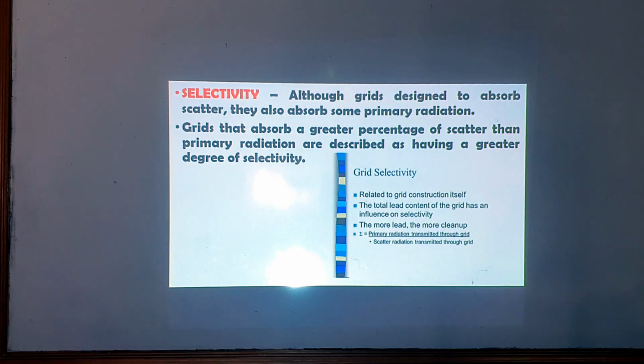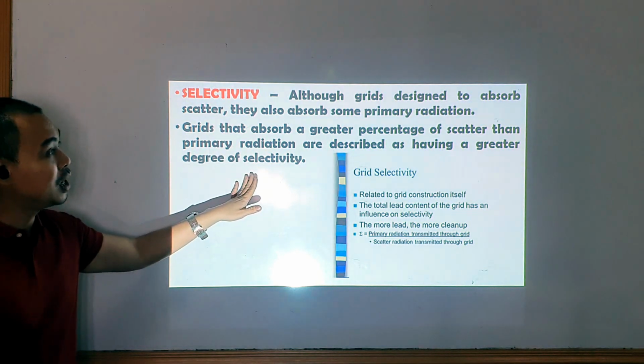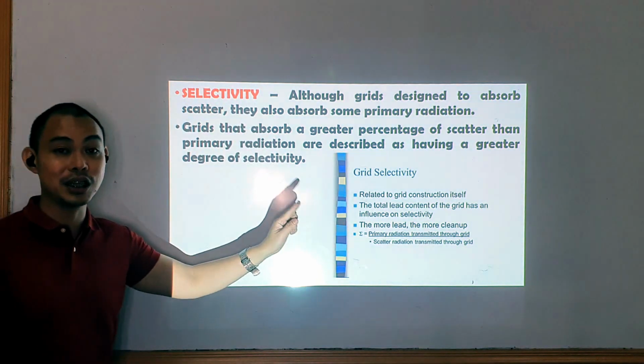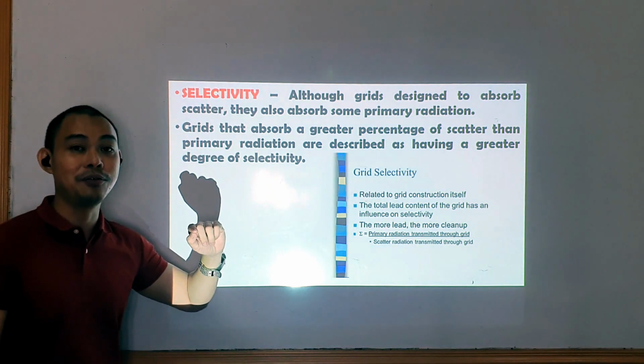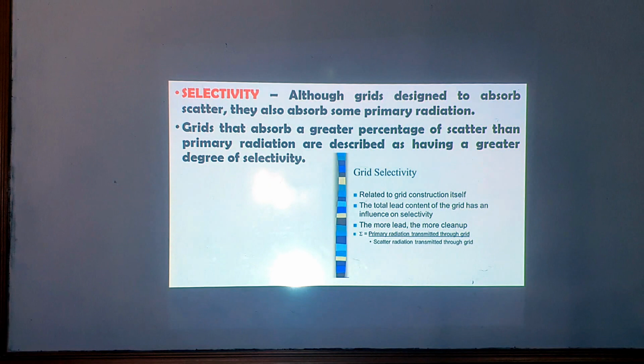Now, selectivity. Although grids are designed to absorb scatter, they also absorb primary radiation. That's why, guys, grids that absorb a greater percentage of scatter than primary radiation are described as having a greater degree of selectivity, because they selected to absorb a higher percentage of the scatter as compared to the absorption of primary radiation.